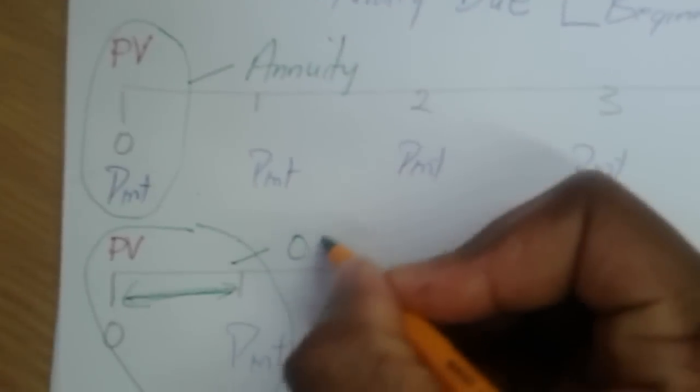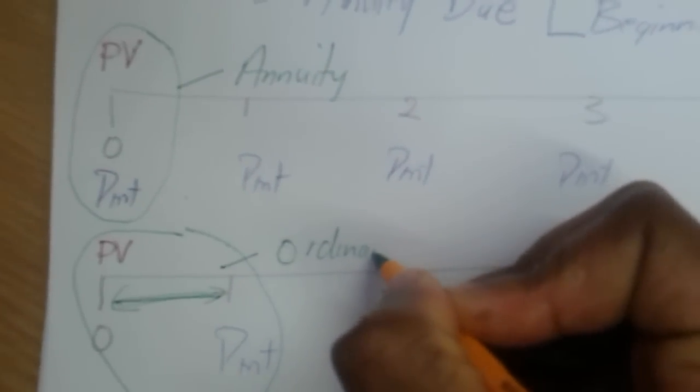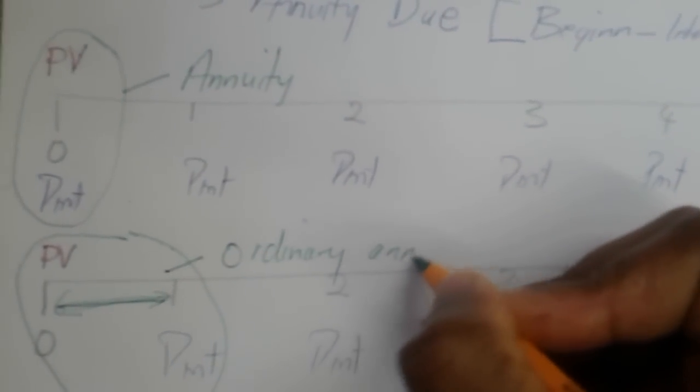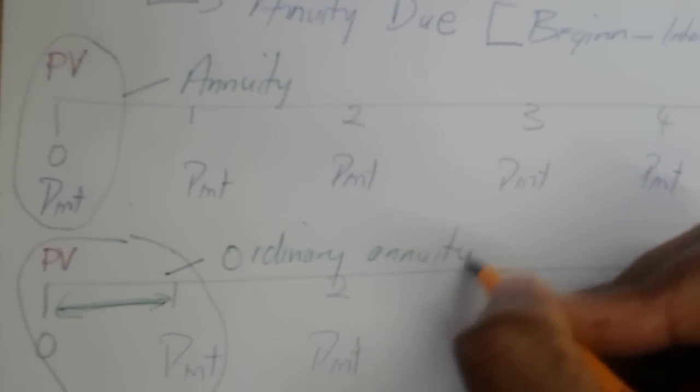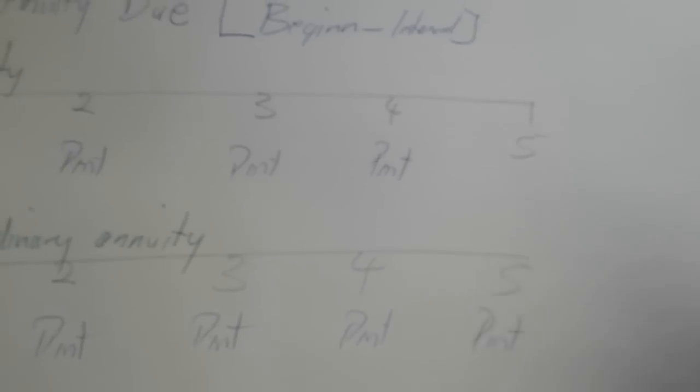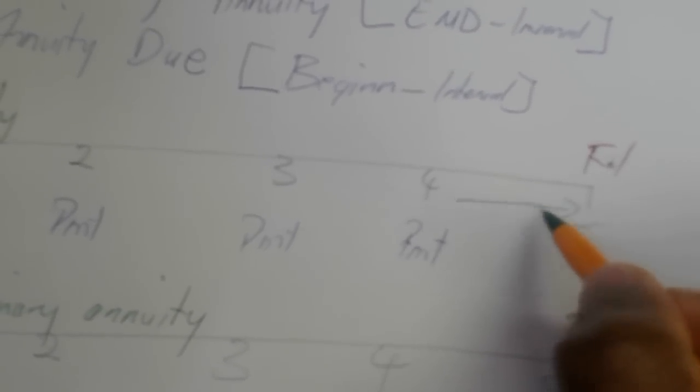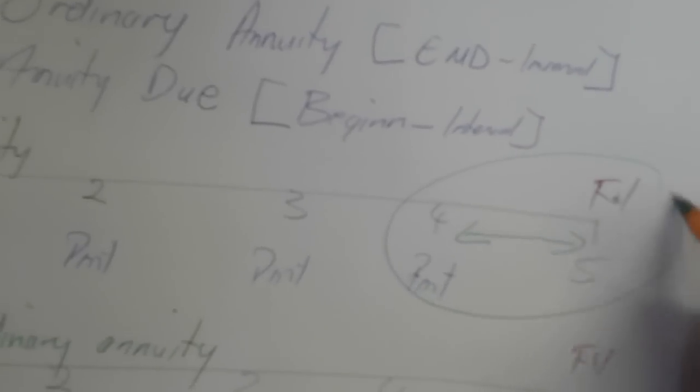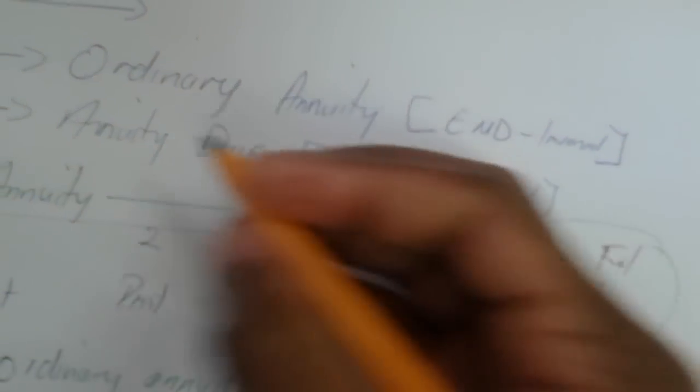So this is an ordinary annuity. Ordinary annuity, right? Now, let's look at the future values. So FV and FV. Again, if your future value and last payment are one interval apart, again, same thing, annuity due.